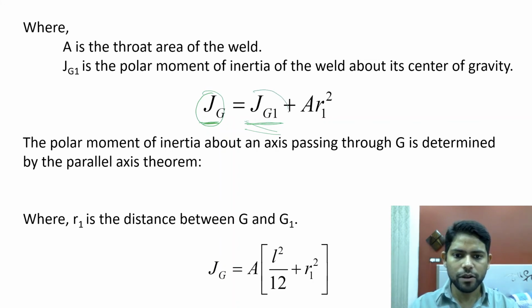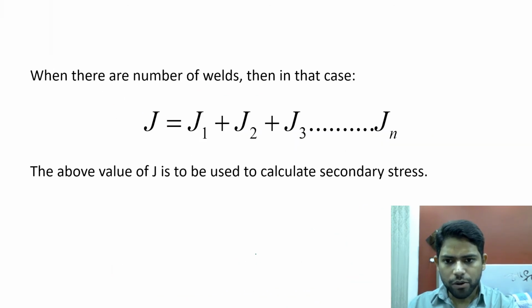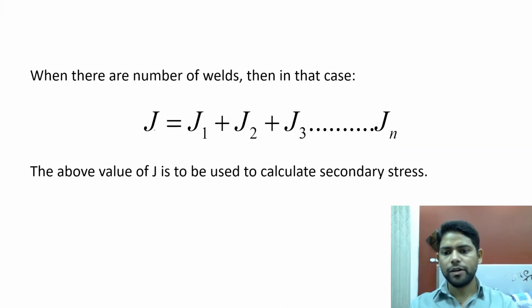Jg1 is the polar moment of inertia of the first weld about its own center of gravity, plus the area of the weld multiplied by the distance of the point G1 from G. This is the distance of the point G1 from G. So basically we have collected some of the terms and written it in this form. And that's how you are going to calculate the polar moment of inertia.